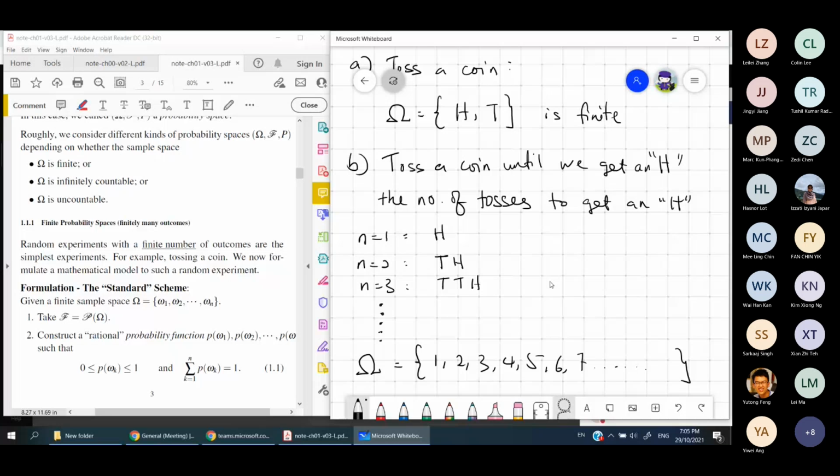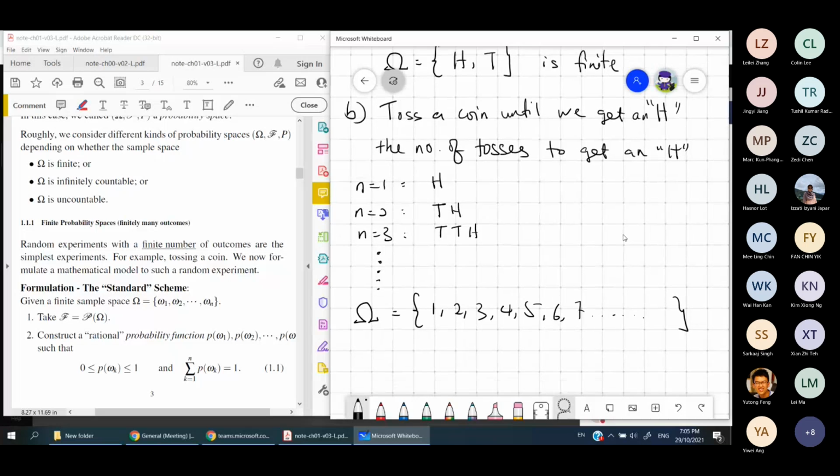So this is up to infinity. That's why in this case we have an example where omega is discrete but infinite. This is the second case.